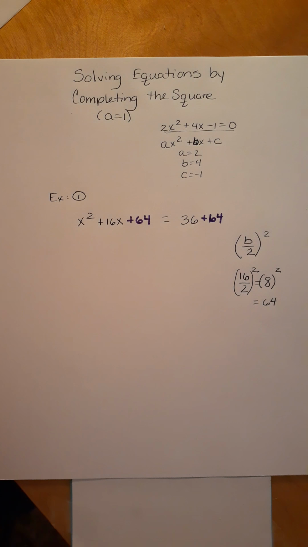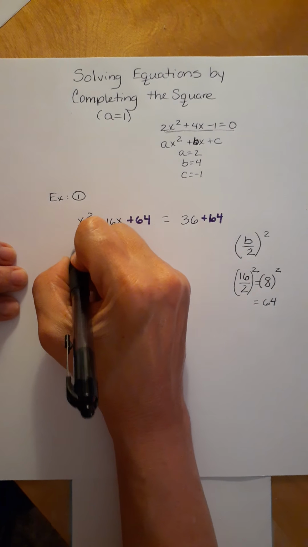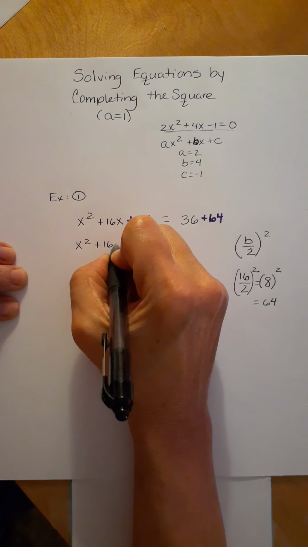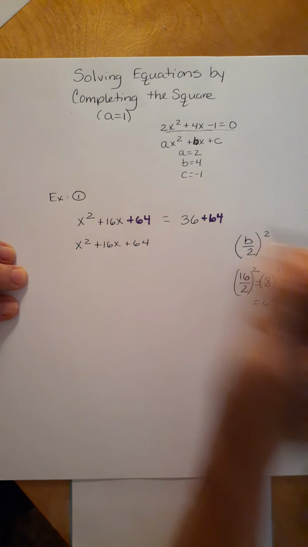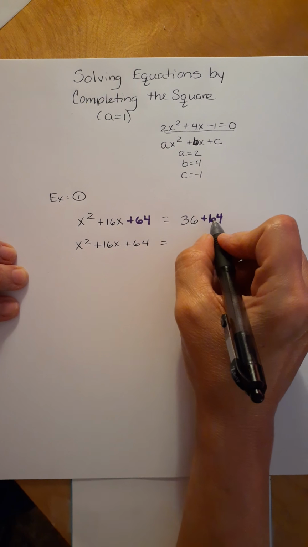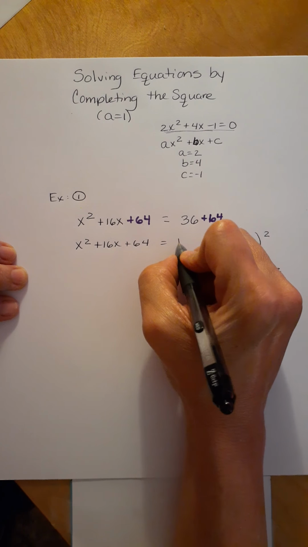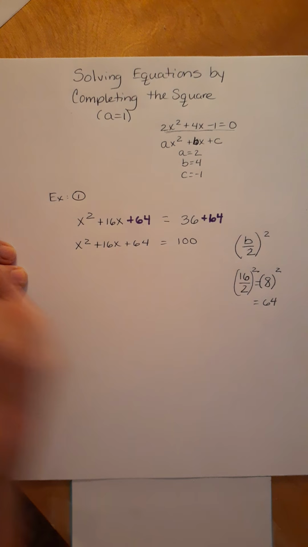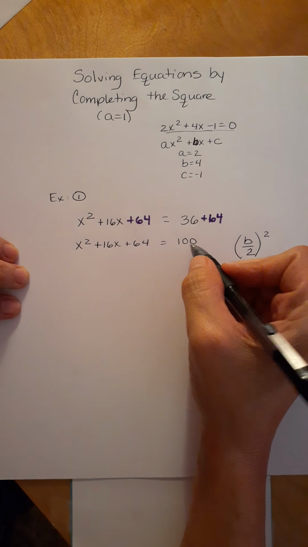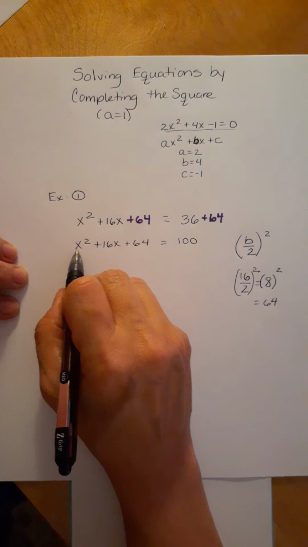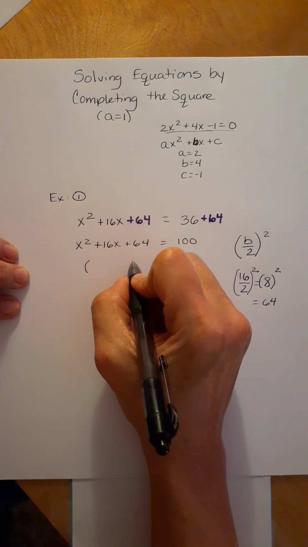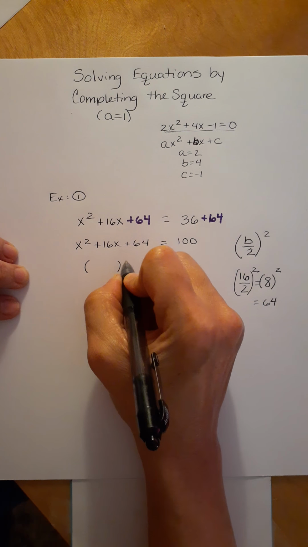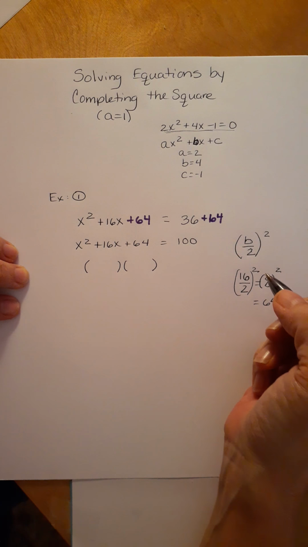Okay, cool. Now when I do that, what happens? I get x squared plus 16x plus 64 equals 36 plus 64, which is 100. Now, 100 is a perfect square. And x squared, now here, we're going to make this a perfect square. What does a perfect square mean? It means it's multiplied by itself.